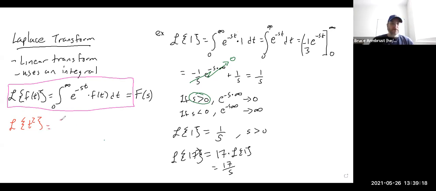So for this one we're going to integrate from 0 to infinity of e to the minus st times t squared. Now if you had to integrate this by hand, what method would you use?